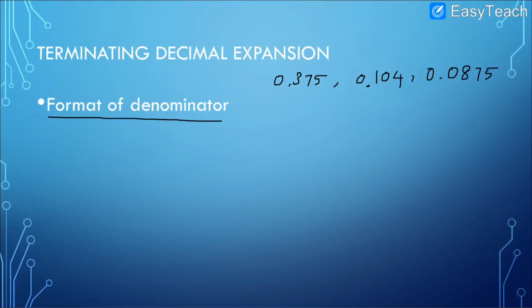Take the first number, 0.375. We can rewrite it in the format p by q, like 375 divided by 1000.